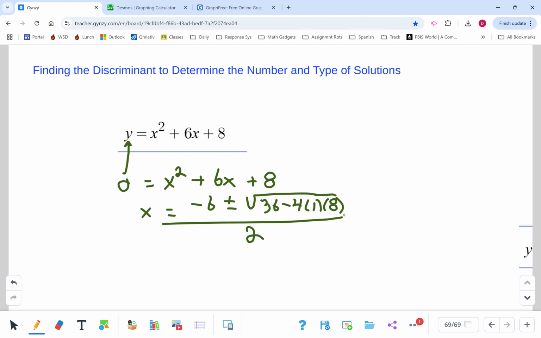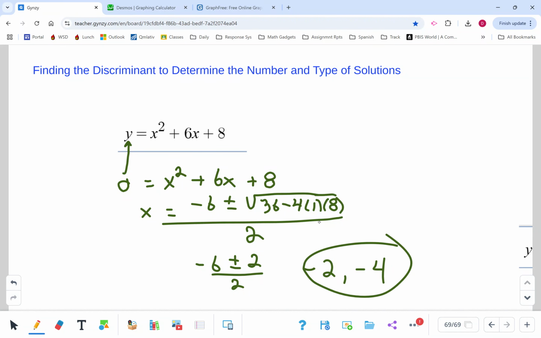That's 36 minus 32, which is 4, and the square root of 4 is 2. So look at this, I get two solutions. One of them is -6 plus 2, which is -4, divided by 2 is -2. The other one is -6 minus 2, which is -8, divided by 2, which gets us -4. Now, we knew those were the solutions already.